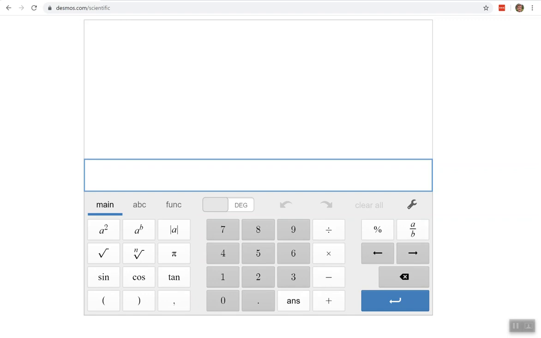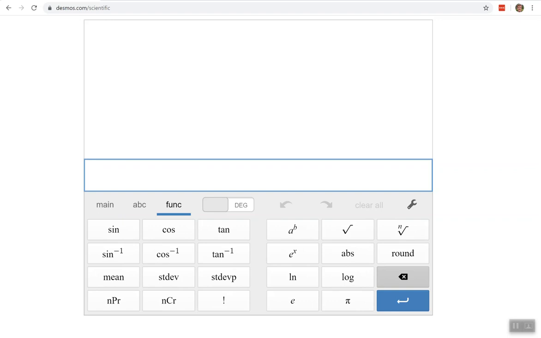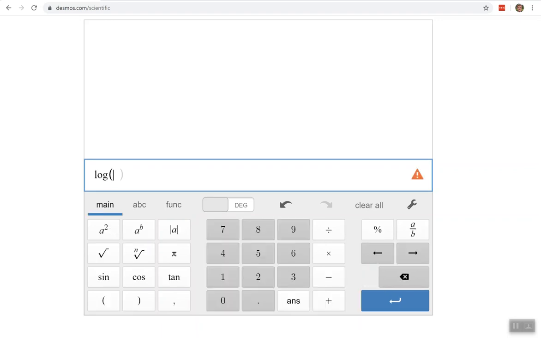But you should be able to find a button that says LOG and another button that says LN for the common log and the natural log. So let's see here. Before we do the common log of 142, let's just check the common log of 1,000, because that's the one that we did without a calculator a minute ago. It might be nice to see that the answer really is 3.